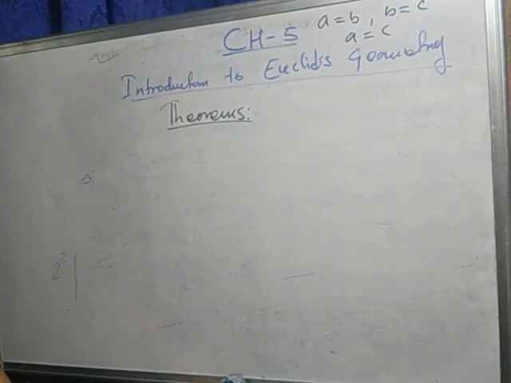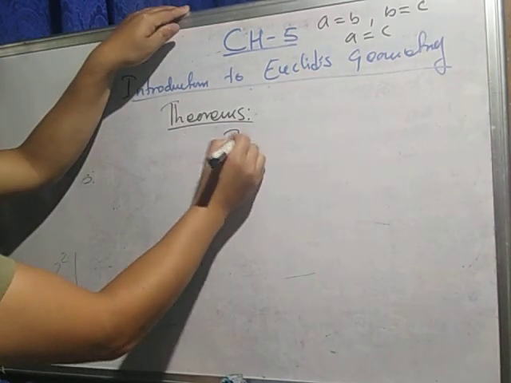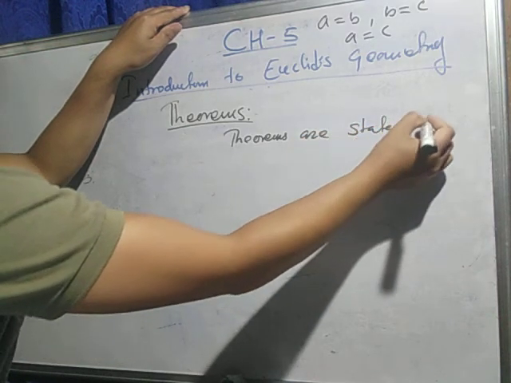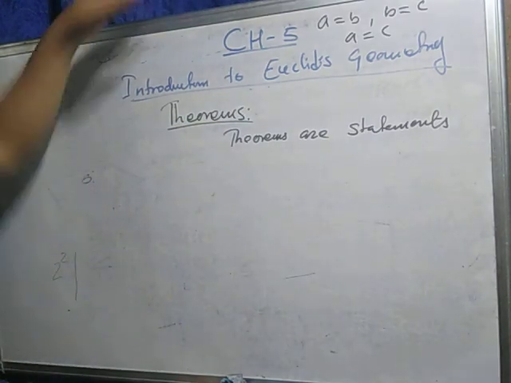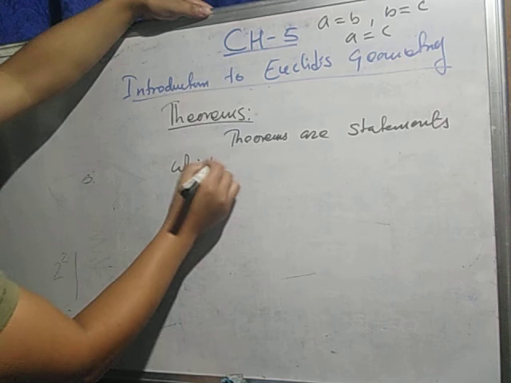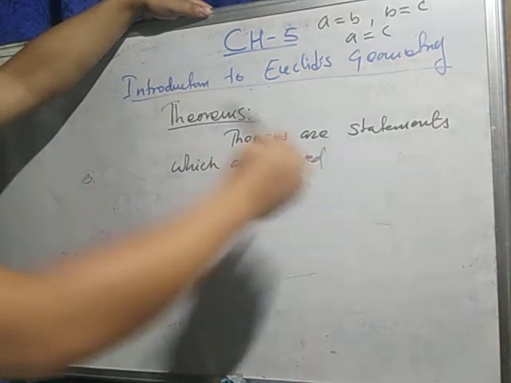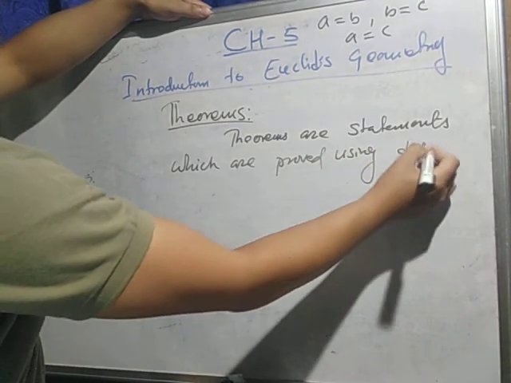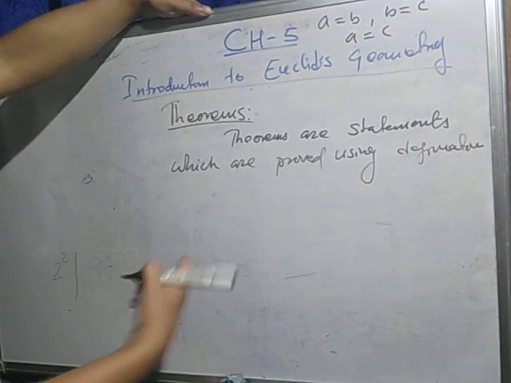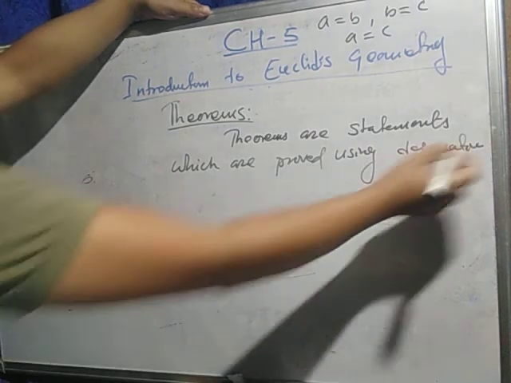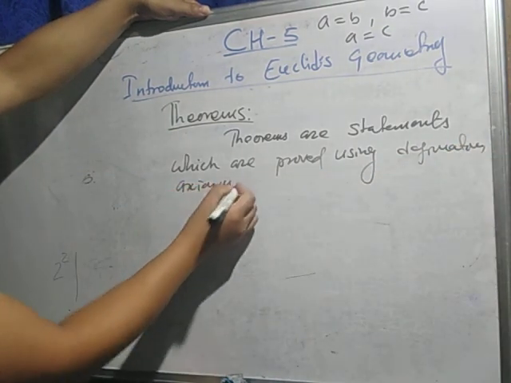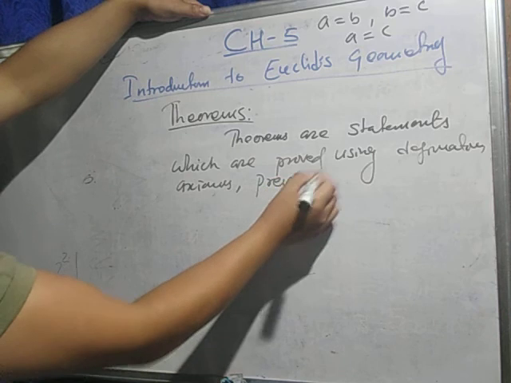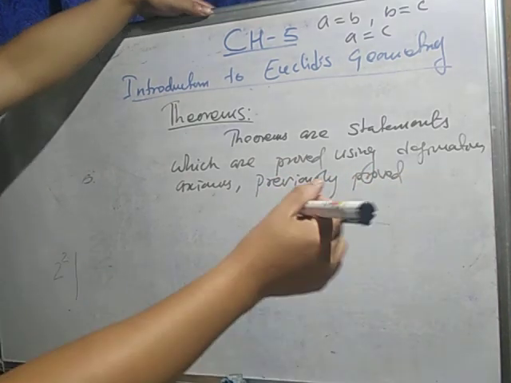Write down: theorems are statements. It's just a statement, okay, which are proved using definitions, that is your Euclid's definitions, axioms, and previously proved statements.